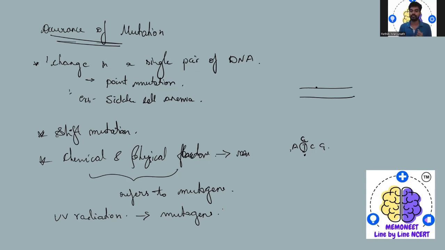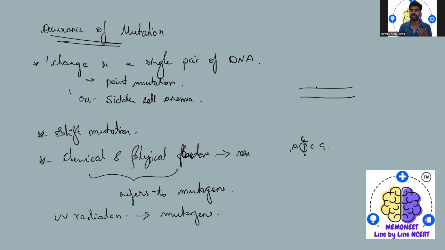Okay. So one way of seeing how mutations might have occurred is a change in a single base pair of the DNA, which is called a point mutation. Then frameshift mutation, such as deletion or insertion of a base pair of DNA, which also causes a frameshift mutation.